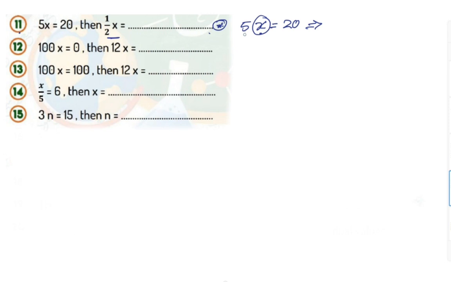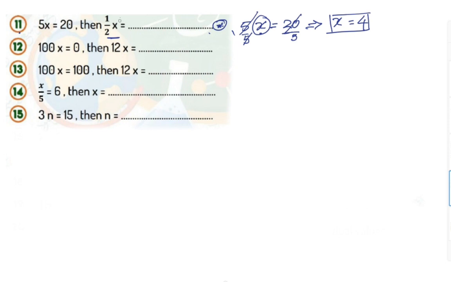I can divide by 5 on both sides. So 5 over 5 and 20 over 5. 5 over 5 equals 1. So I have just 1x equals 20 over 5 equals 4. So now I can say that x equals 4.